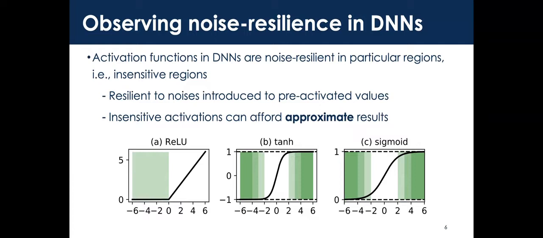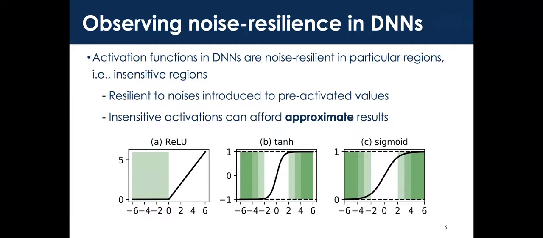As you can see, the most straightforward case is ReLU. The pre-activated value doesn't matter as long as it stays negative, and the output activation is zero and not affected. Other complex activation functions like hyperbolic tangent and sigmoid have similar insensitive regions at the two sides.